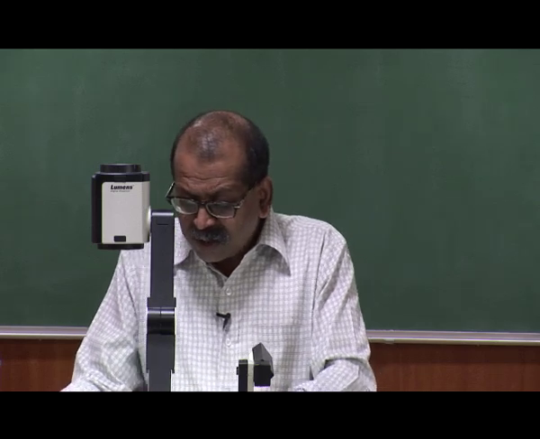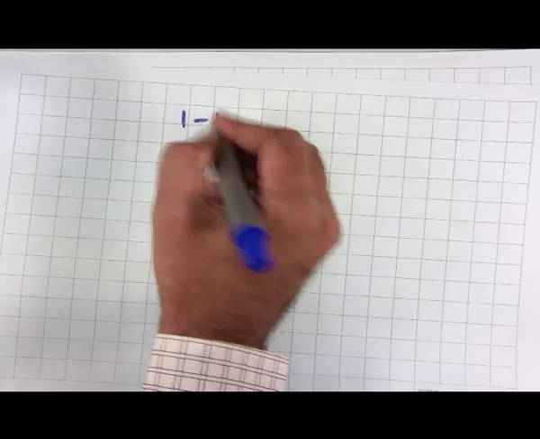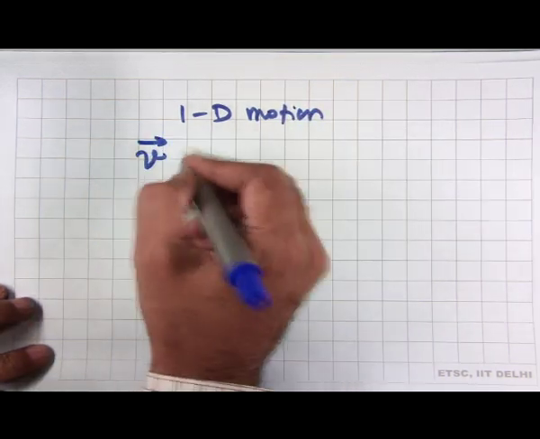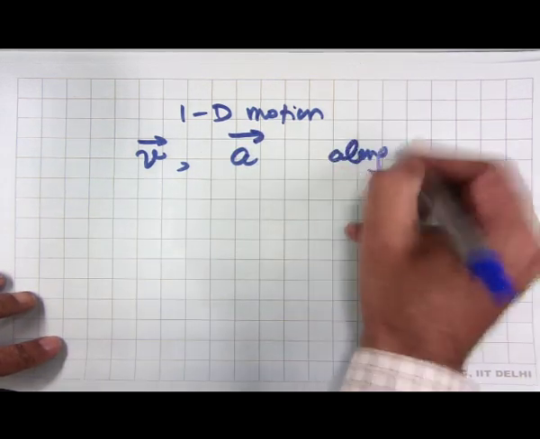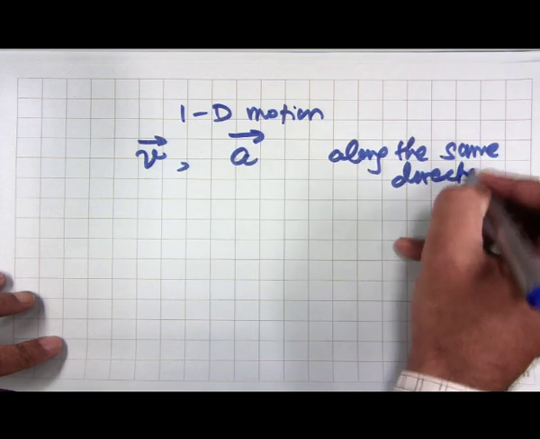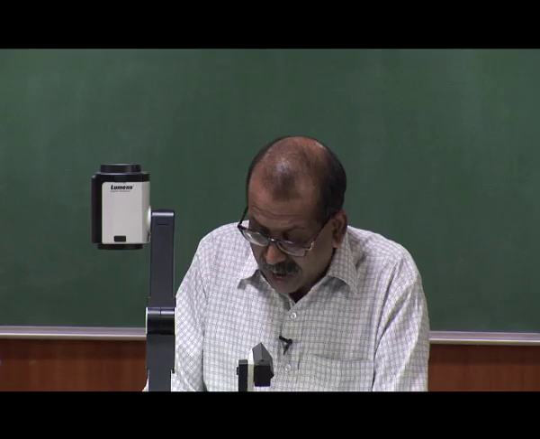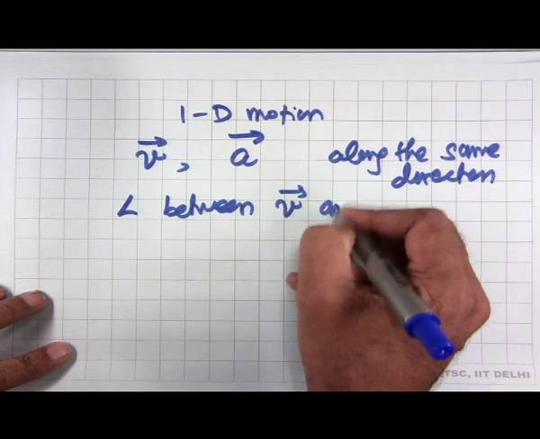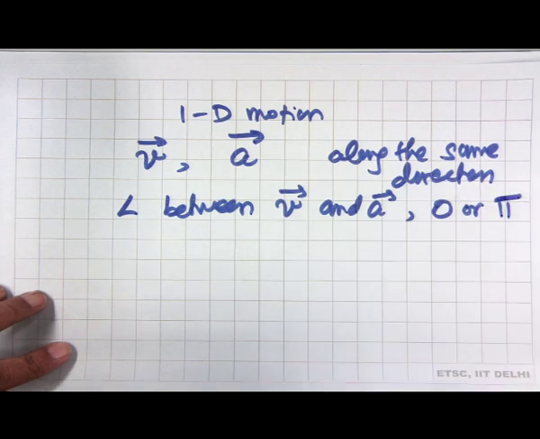Now, what we know is, when we talk of one dimensional motion, V and A are along the same direction, and what I mean is they could be opposite to each other or they could be along the same direction. The angle between the v vector and the a vector is either 0 or pi.